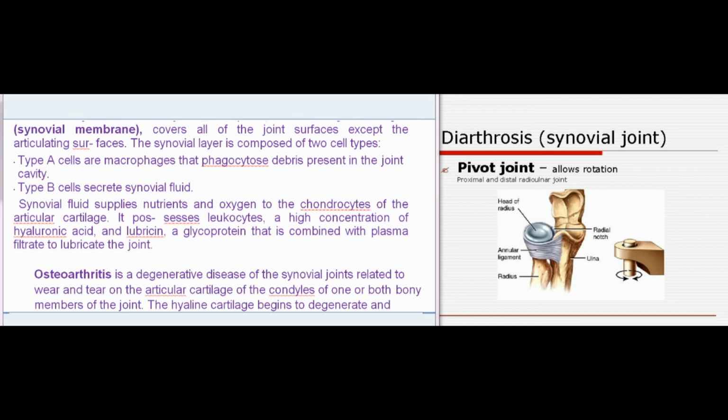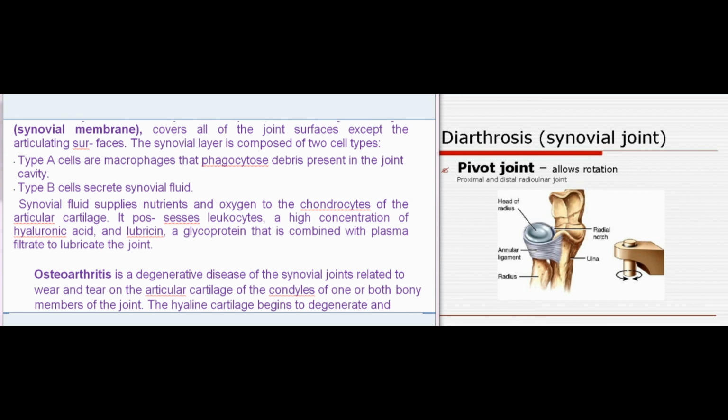Synovial fluid supplies nutrients and oxygen to the chondrocytes of the articular cartilage. It possesses leukocytes, a high concentration of hyaluronic acid, and lubricin, a glycoprotein that is combined with plasma filtrate to lubricate the joint.